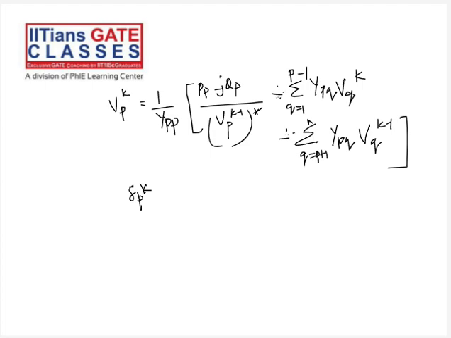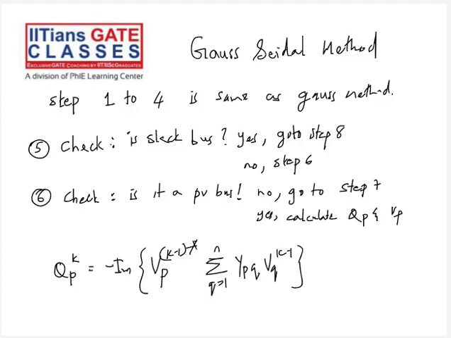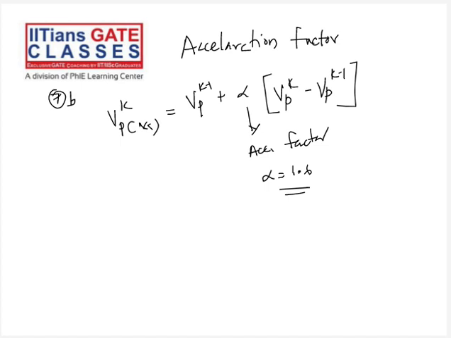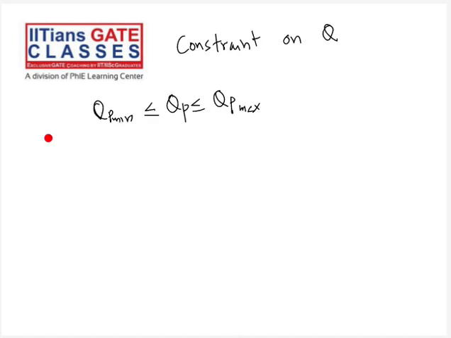So what we do is that in step 6, for calculating QP, here also we can actually use the updated voltage, right?